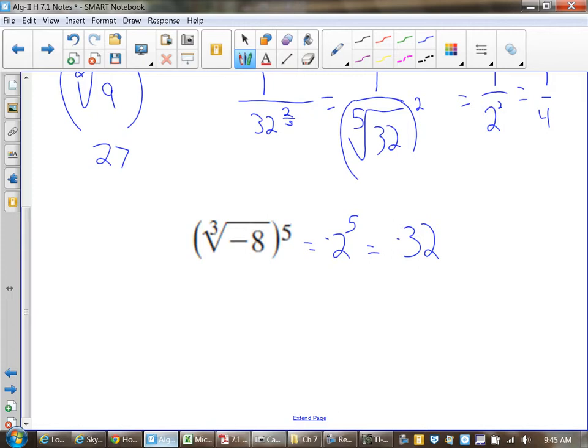Is it the 3/5 or 5/3? 5/3. The nth root is always the denominator, and the power is always the numerator. That's how you would rewrite that out. So you might have to go either direction sometimes, just so you understand what it looks like.